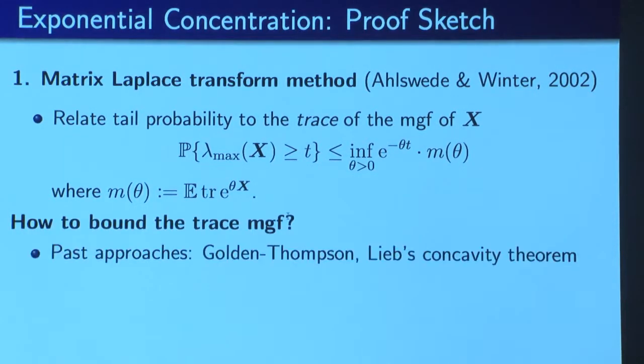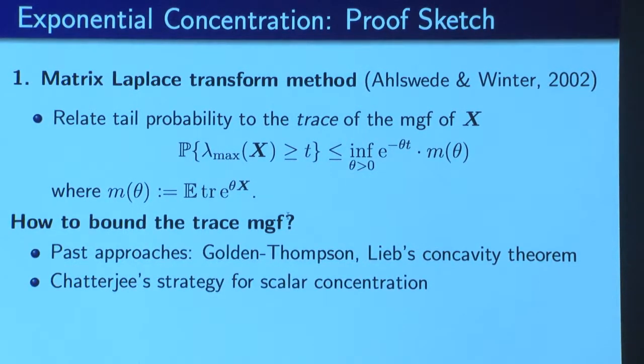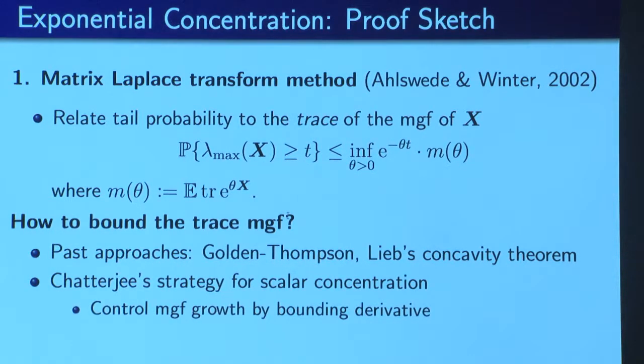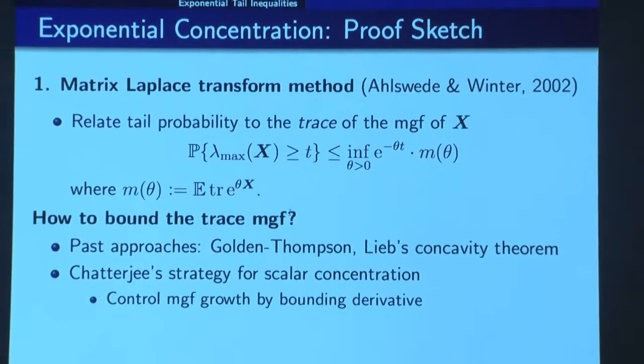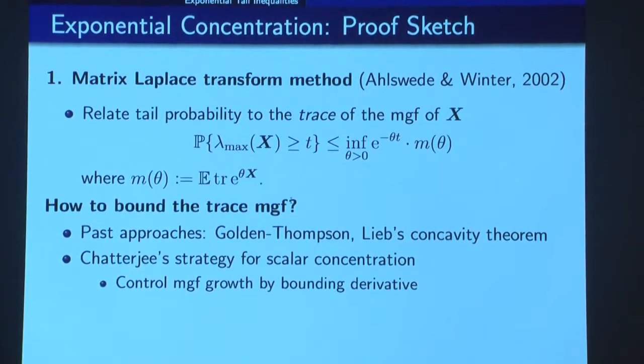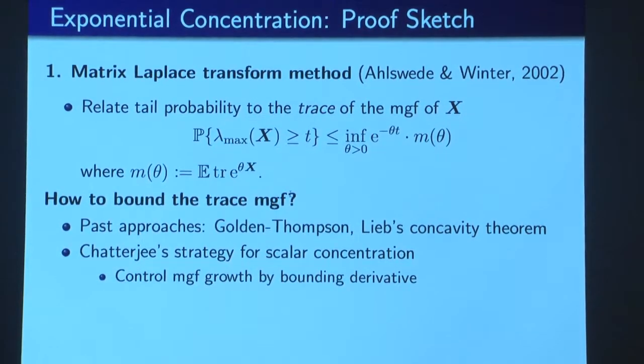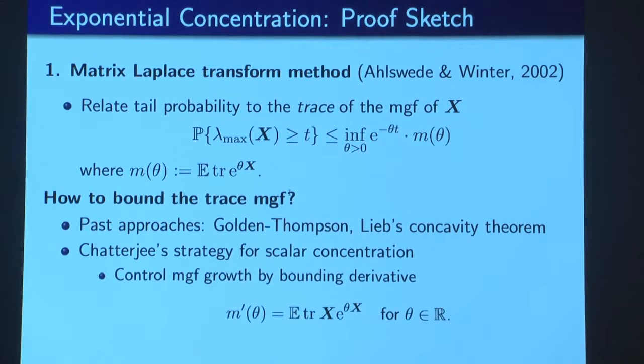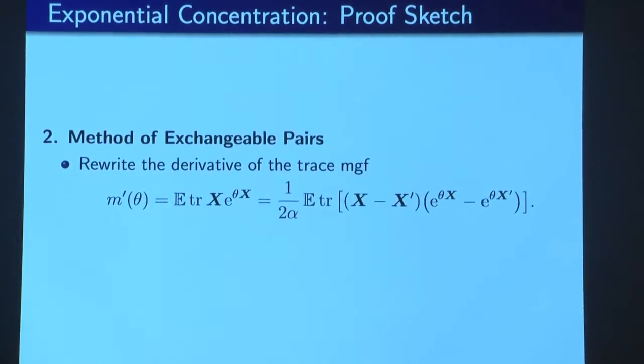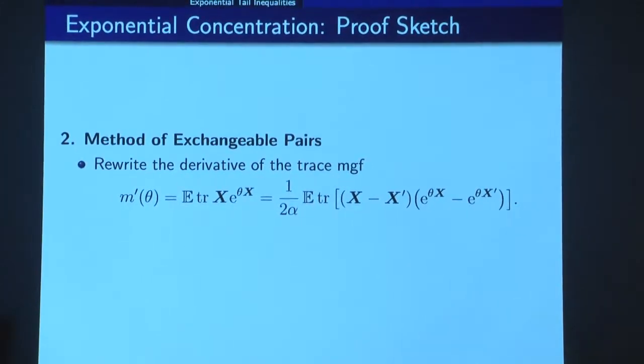And in the past, people have done that using Golden-Thompson's inequality, Lieb's concavity theorem. Instead, we're using an idea due to Sourav Chatterjee for scalar concentration. That is, we're going to control the moment generating function growth by bounding its derivative. It's something like what's called the Herbst argument. So I won't take you through all of the steps, but we use this method of exchangeable pairs to control the derivative of the trace MGF.